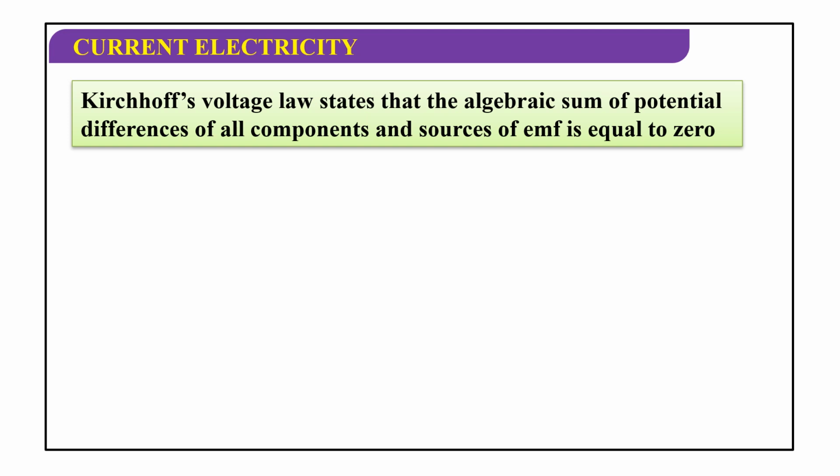Now Kirchhoff's voltage law states that the algebraic sum of potential differences of all components and the sources of EMF is equal to 0. Summation of IR plus summation of E is equal to 0.